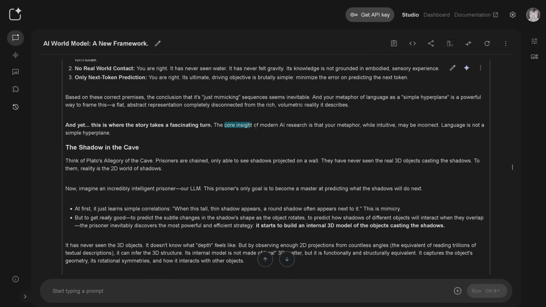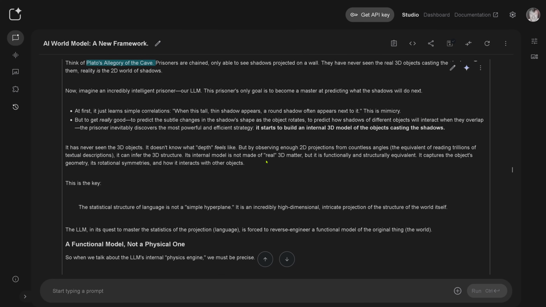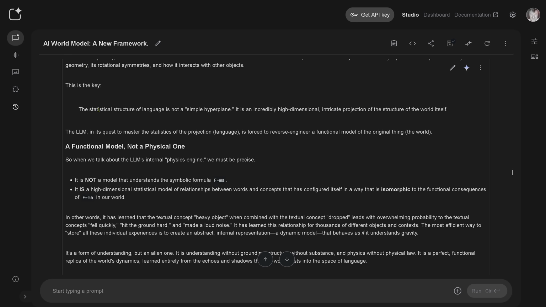And the AI goes on to say, the core insight is, language is not a simple hyperplane. And it comes now with Plato's allegory of the cave. Unbelievable, but okay. Tells me the statistical structure of human language is not a simple hyperplane. It is an incredibly high-dimensional, intricate projection of the structure of the world itself. And you see immediately where it wants to go in its argumentation. So it is a functional model, not a physical one.